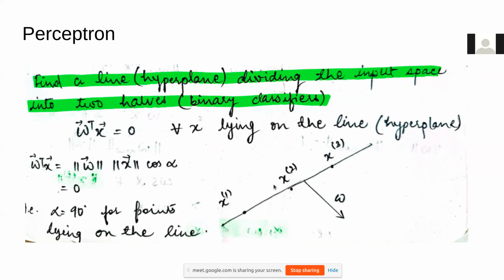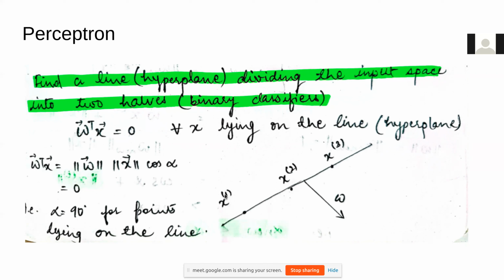So if this is the line which is separating these two classes, then W is nothing but a vector which is perpendicular to this line. And these are the set of points which are lying on the line. So W is perpendicular to x3, x2, x1, and so on.